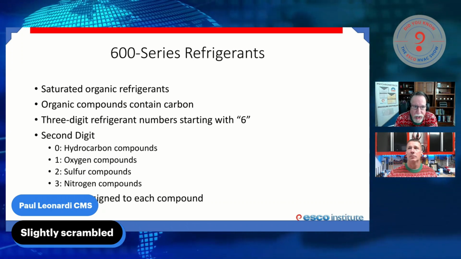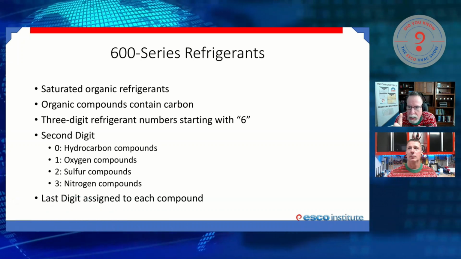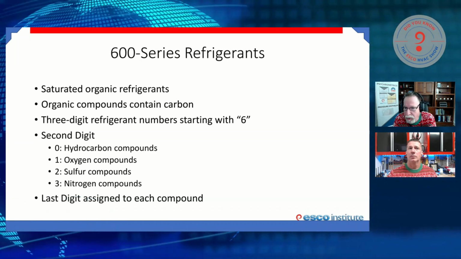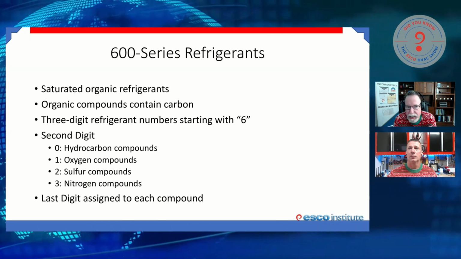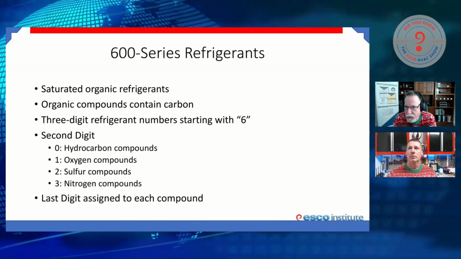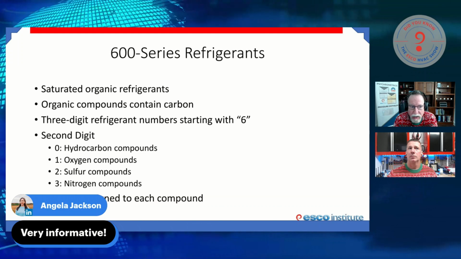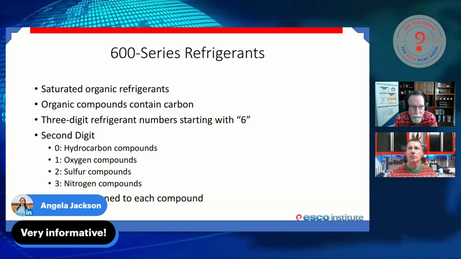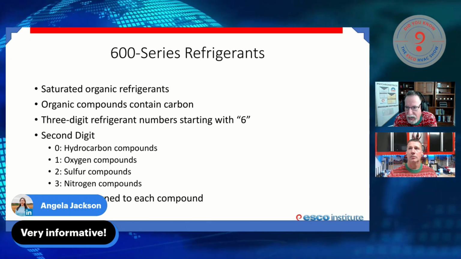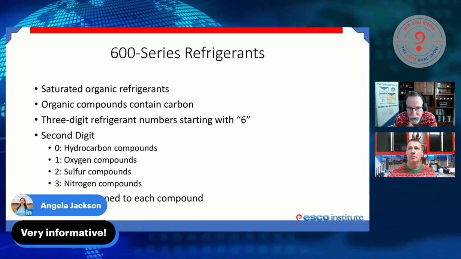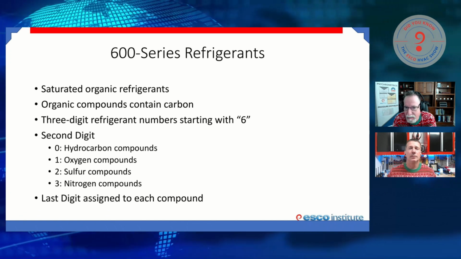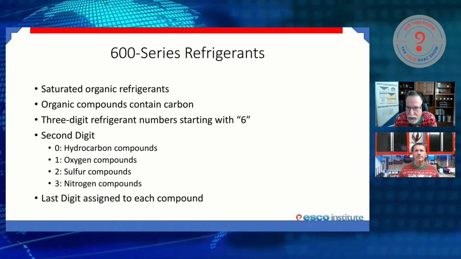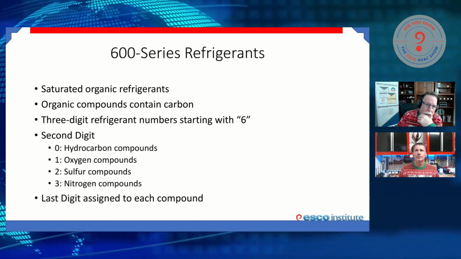So the 600 series refrigerants, your butane and your isobutane, are saturated refrigerants because we can't put in more than the maximum number of hydrogens. Butane is C4H10. We can't have more than 10 hydrogen atoms.